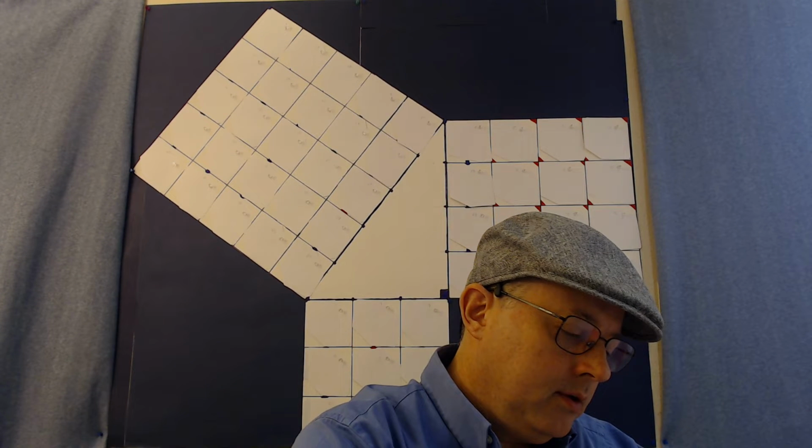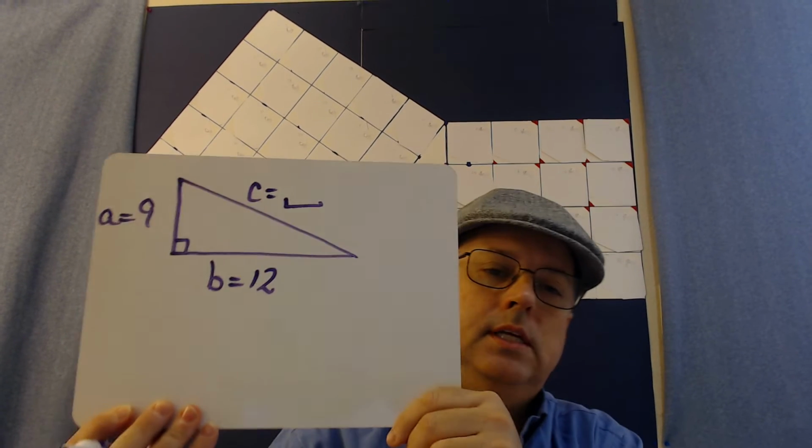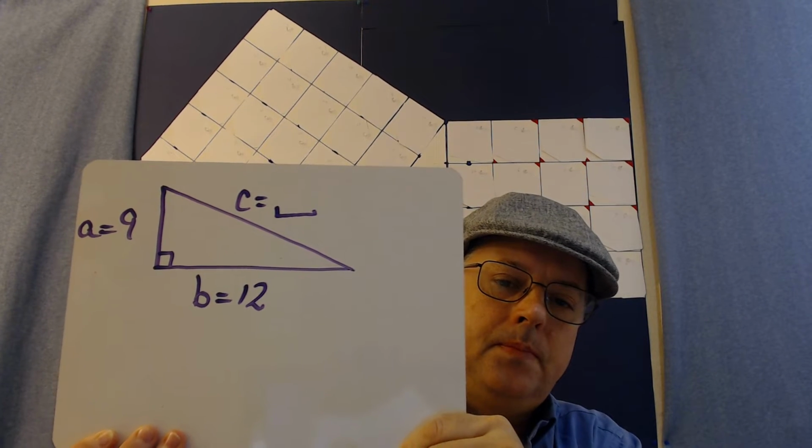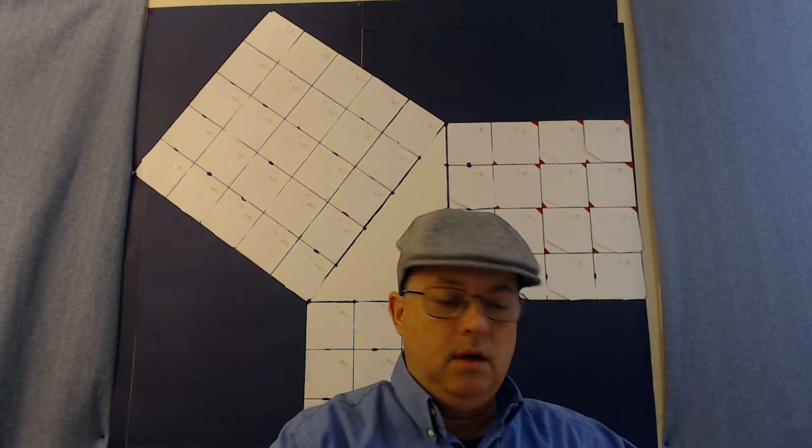And so A equals 9 and B is 12. And we're trying to find the length of side C. And so let's use the Pythagorean theorem to do that. A squared plus b squared equals c squared. And since we're trying to find c, let's write it as c squared equals a squared plus b squared.